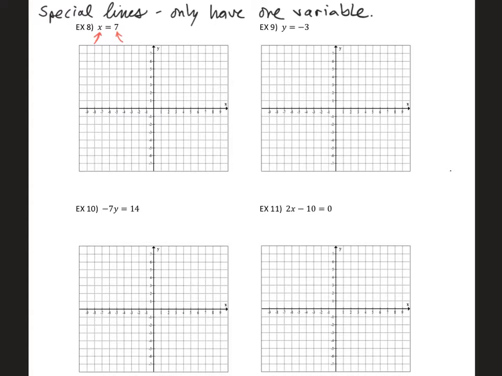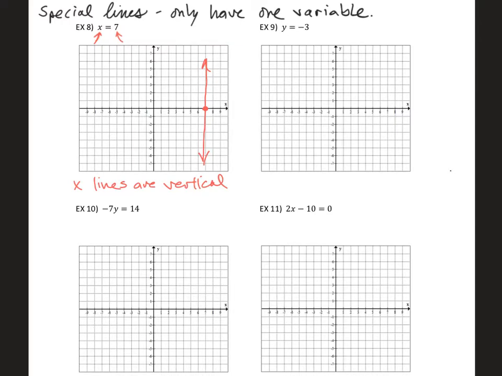There is 7 on the x-axis. From there, all you are going to have to remember is that x lines are vertical. So from here, you can just draw on your line like this. And that's it, you're done.